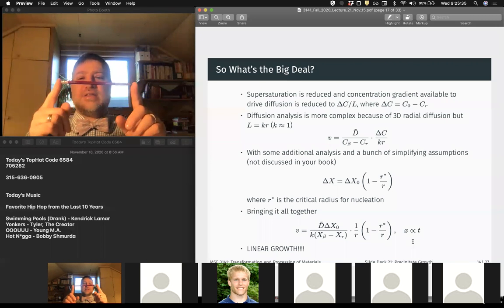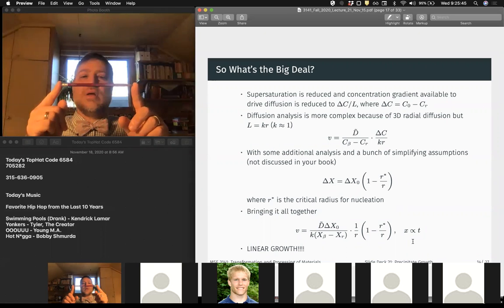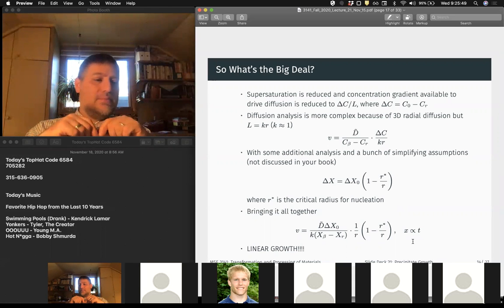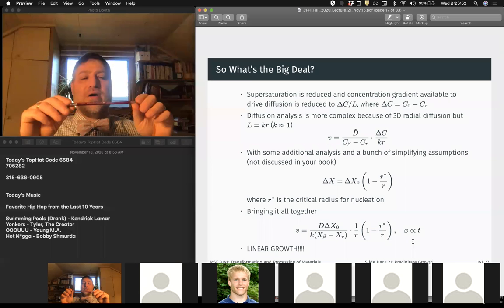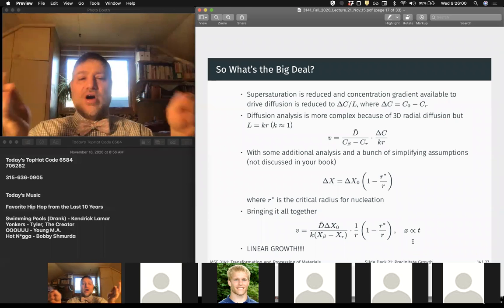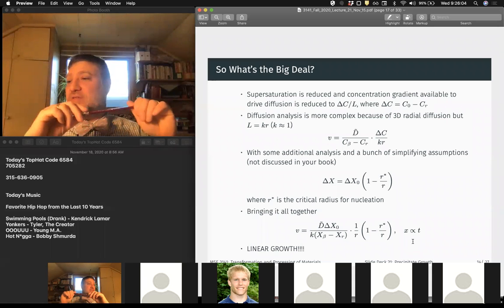Essentially, that means that a spherical particle or a cuboidal particle that's growing by parabolic growth, over 100 seconds, we're going to only increase by a factor of 10, right?